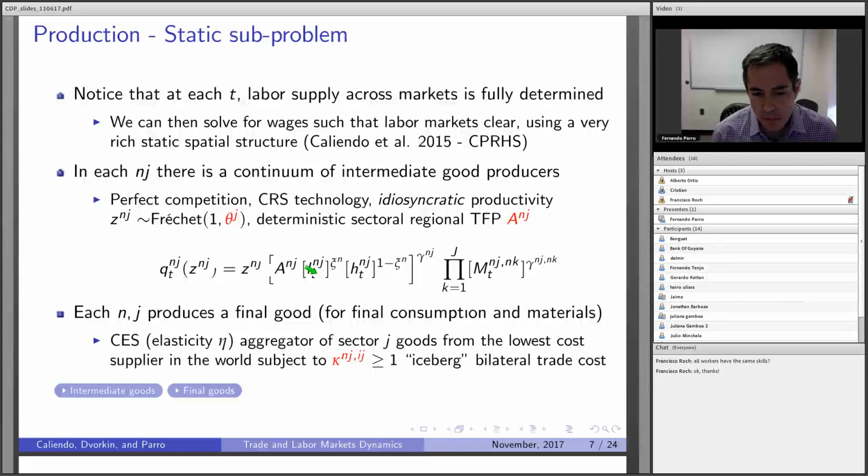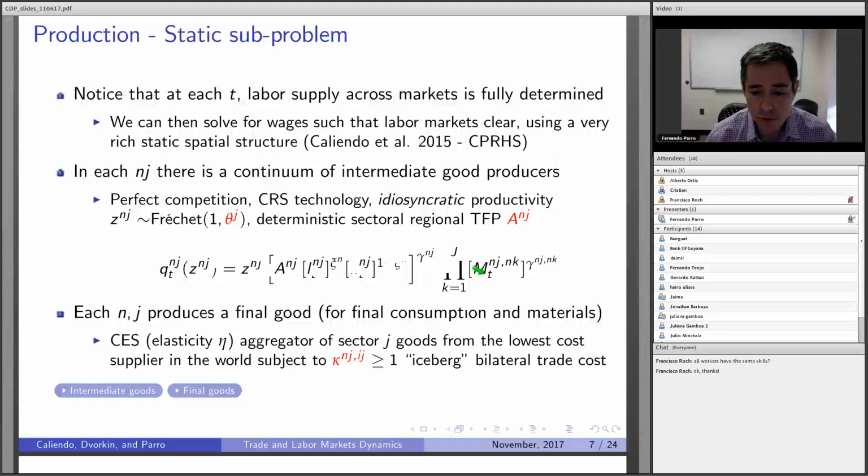It's going to be pretty standard, in the sense that to produce goods in industry J and region N, firms demand labor, firms demand structures, which is going to be a fixed factor in this model, and where gamma NJ is the share of value added in gross output, okay?